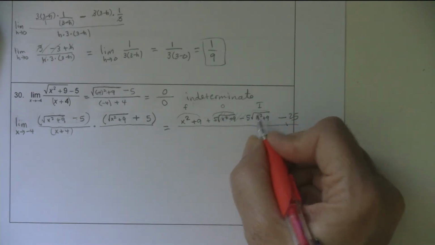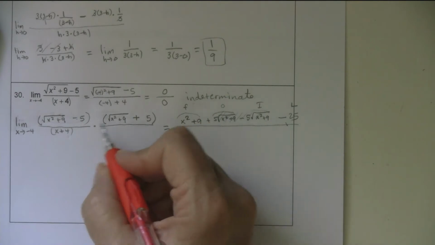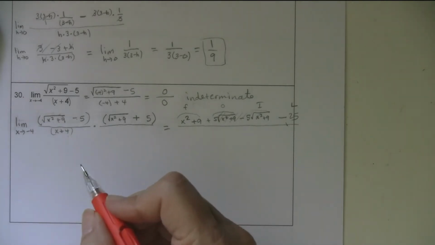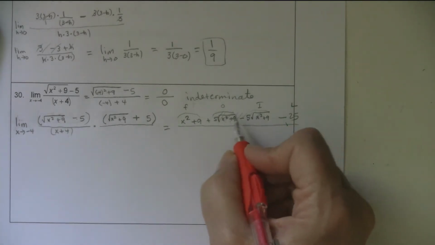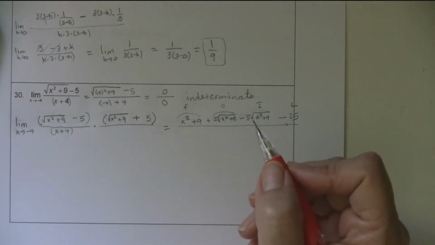And so what I'm going to tell you in the future, when we multiply by the conjugate, remember the outer and the inner are going to go away, and that's why you did this plus and this minus, so that you get one of them being positive and one being negative on the outer and the inner. You wanted them to be opposites, otherwise these terms wouldn't be able to go away.